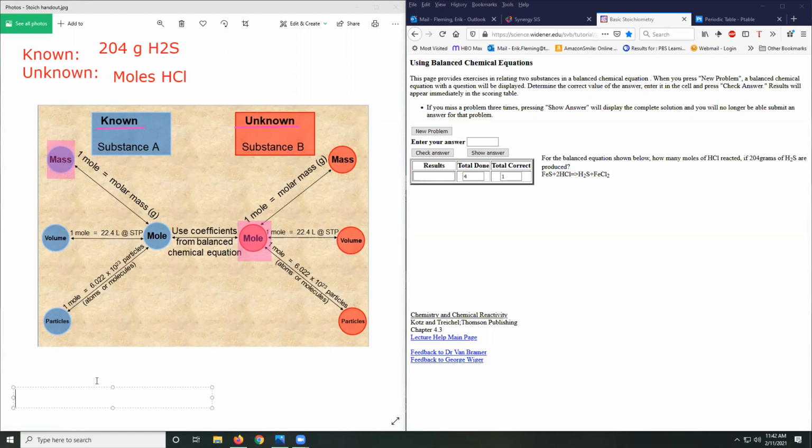But how many steps is this? Would it be 3? So put your finger on mass and move it to moles, and that's one step. 2? Yeah.